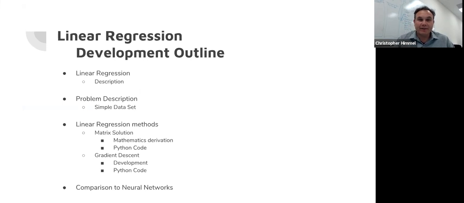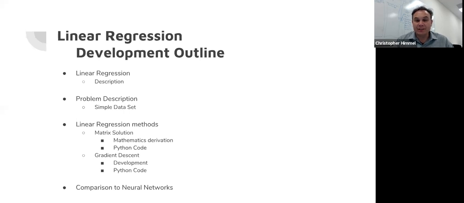Okay, so what we're going to do with linear regression tonight, first I'm going to give a description and motivation of linear regression, what a problem looks like that we're going to do linear regression on, and show you the data set. Then we're going to go through two different methodologies of doing the linear regression.